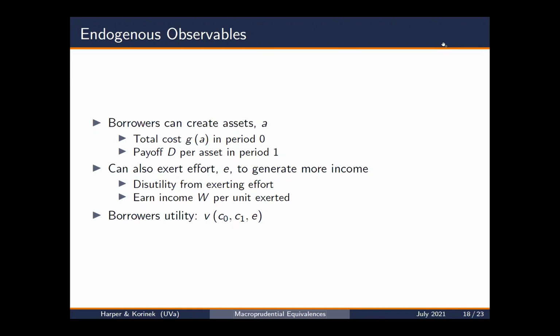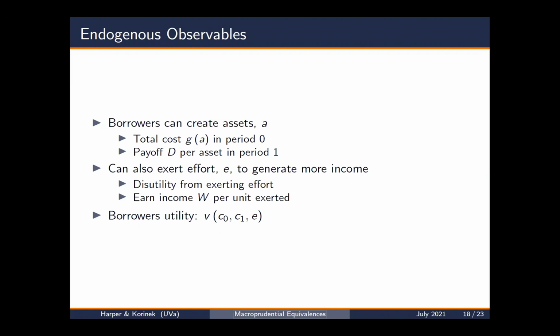And they also are able to exert an effort, E, to generate more income, and there's a disutility associated with exerting this effort. You could think of this in the context of households as going out and providing labor in a job, or you can think about this effort as rent-seeking behavior on behalf of firms. And there's an income W that's earned per unit of effort exerted.